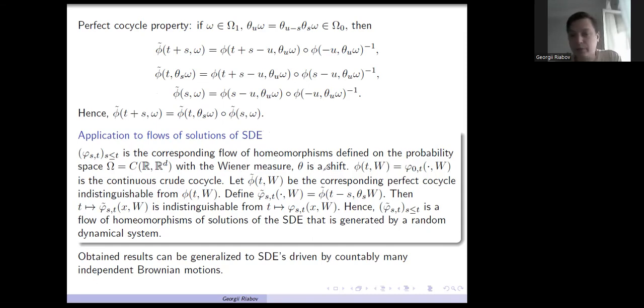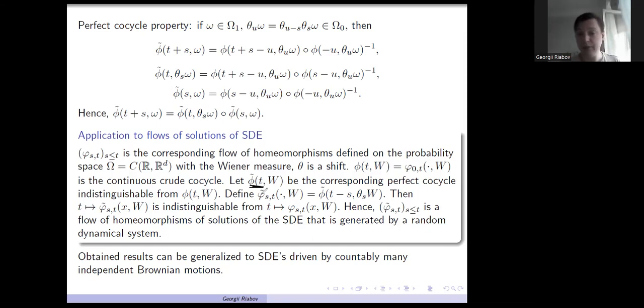On this space, we have the shift of the trajectory of W. And if we define phi t as the mapping phi 0t, then it is a continuous crude cocycle. And it takes values in the nice group of mappings, the group of homeomorphisms. So hence we can construct the perfect cocycle phi tilde, which is indistinguishable from phi.